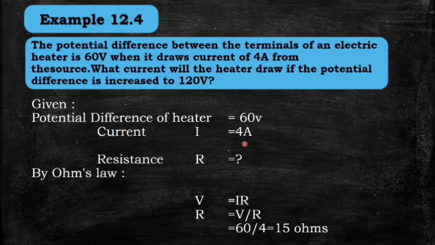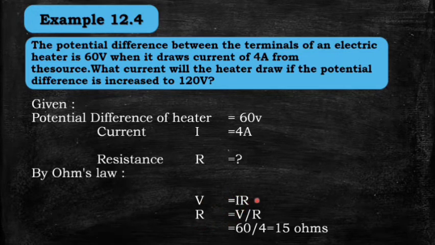So let us see what has been given. It is a potential difference. Initially it was 60 volt, current it was 4 ampere. We must find the resistance of that electric heater to find the next current. You know that V is equal to IR by Ohm's law.